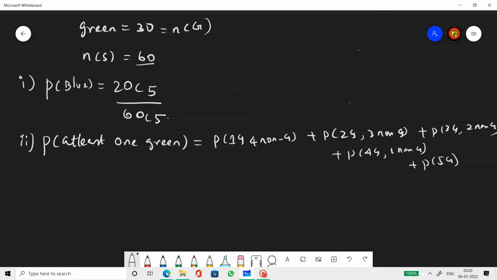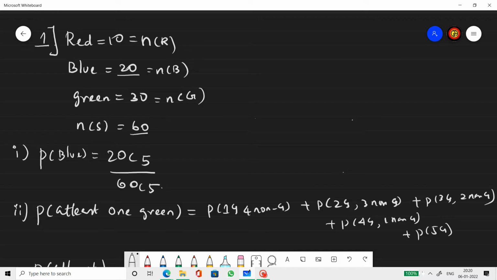So instead of this, P of at least 1 green is equal to 1 minus probability of none green. So that means out of 5 marbles selected, none of them are green marbles. So 1 minus, if you see, there are 20 blue marbles and 10 red marbles. So if we select 5 marbles out of these 30, then all the marbles selected will be non-green.